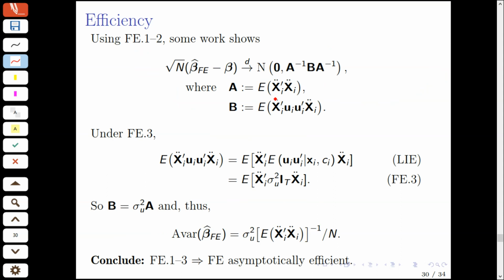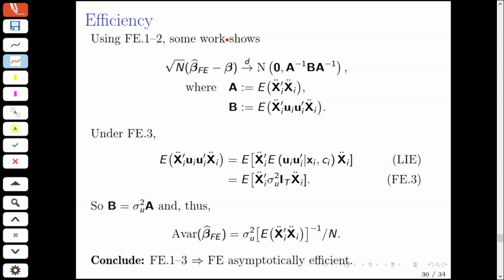Now, even without FE3, we can show that under assumptions FE1 and 2, the strict exogeneity assumption and the rank condition that we introduced, the difference between the fixed effect estimator and the coefficients that we're trying to estimate, when scaled by square root n, converges in distribution to a normal distribution with 0 mean and a variance of the sandwich formula. Now, the argument here runs completely in parallel to the cross-sectional case, which we covered in the previous video.